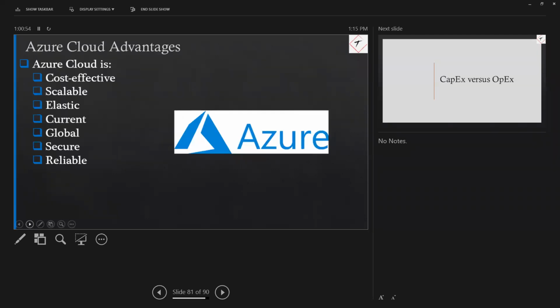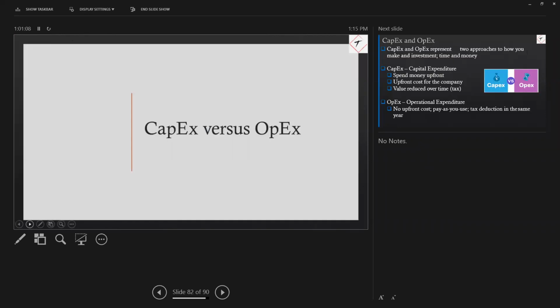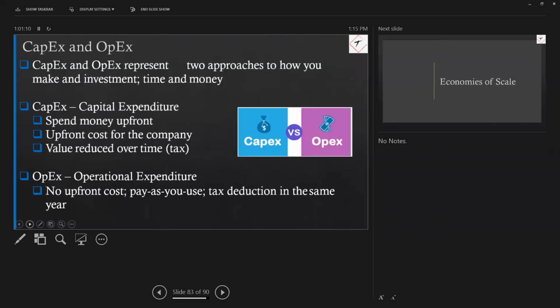Advantages of cloud computing, or Azure cloud specifically: it is cost effective, scalable, elastic, current, global, secure, and reliable. Capital versus operational expenditure: capital expenditure is when you spend the money upfront.